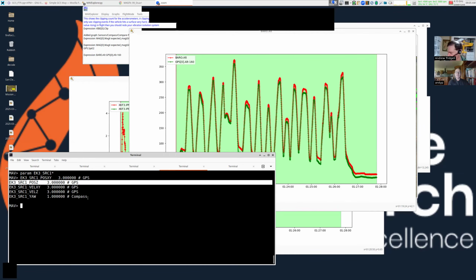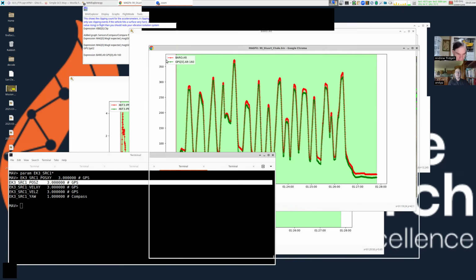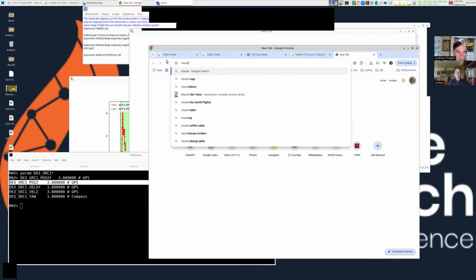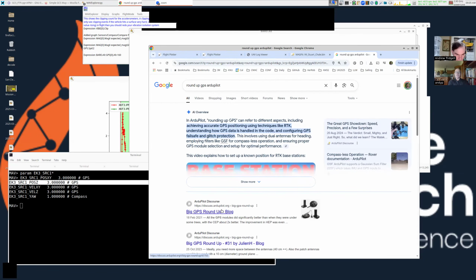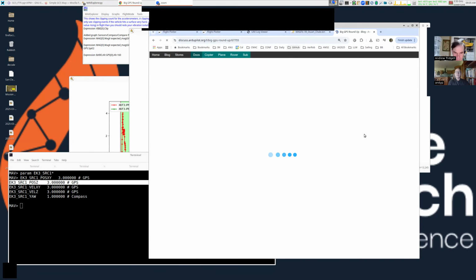And I should show you, there's a little round up of GPS accuracy for ArduPilot. I wrote an article some years ago called Big GPS Roundup, where if I can finally bring it up, here it is.